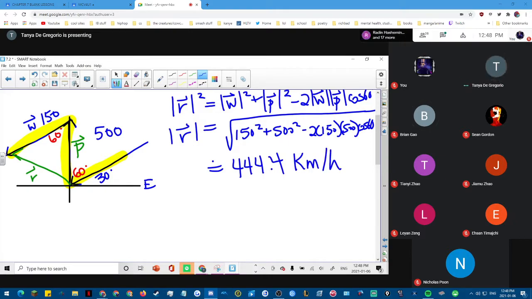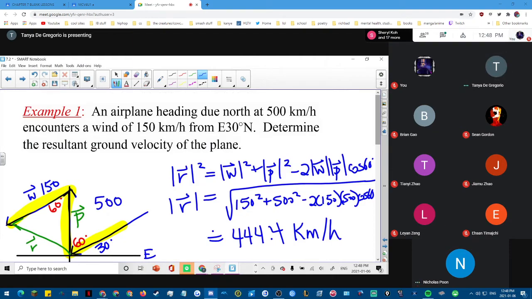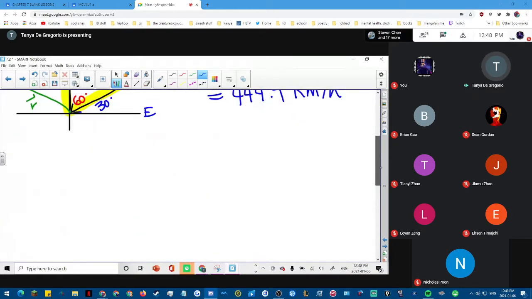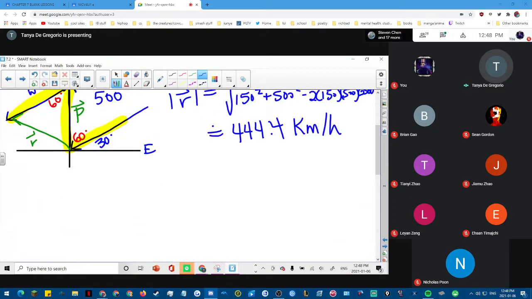Good. Excellent. Okay, am I done? Have I solved the question? No, we need a direction. Excellent. It's asking for ground velocity, right? And so I need a direction. So we're halfway there. So I need to find the direction.